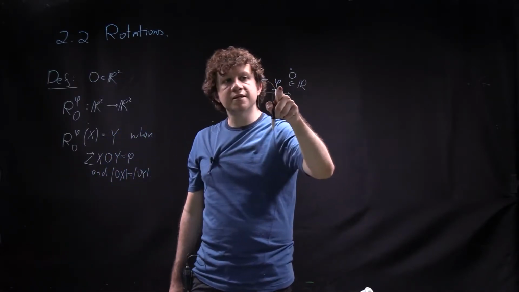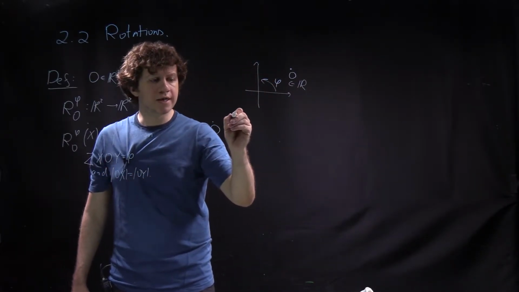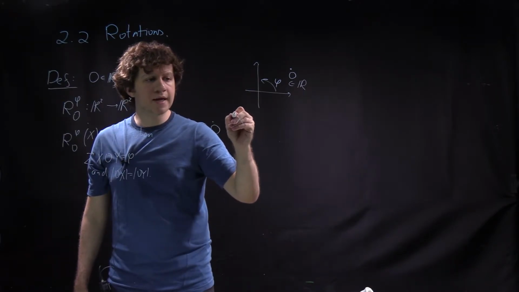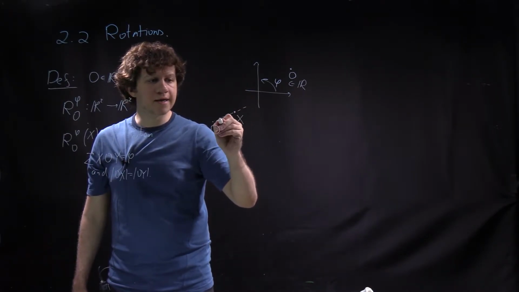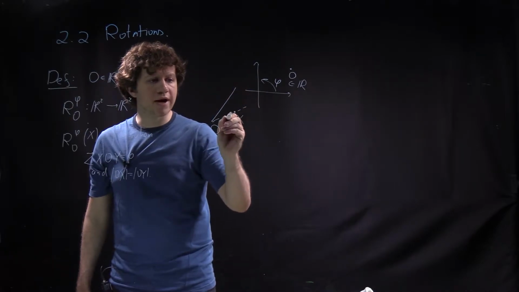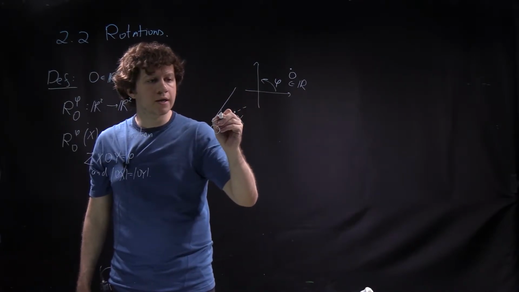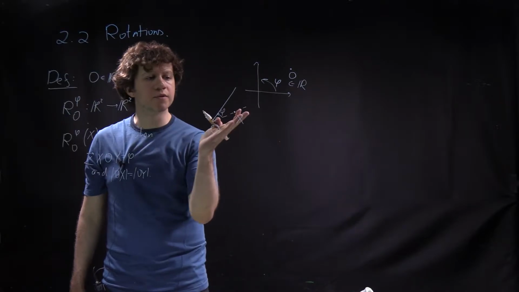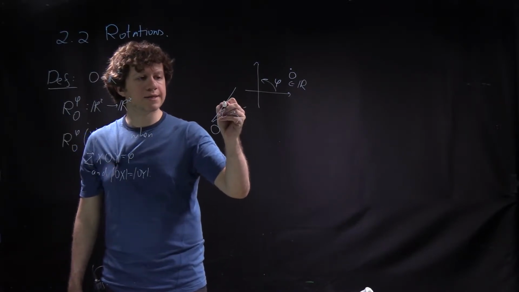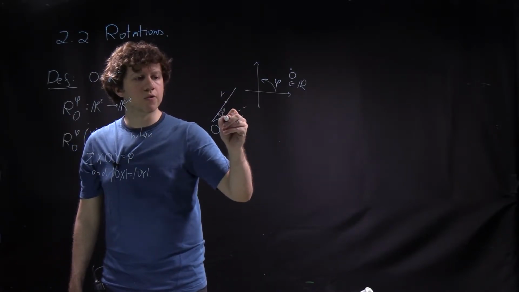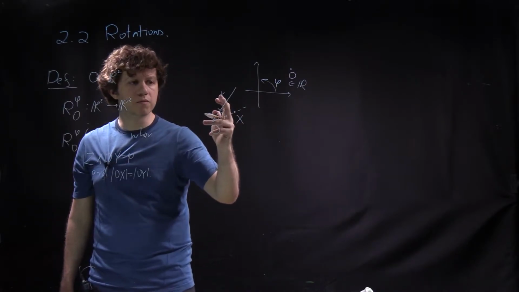So I fix this phi, and then I take my point x, and I take a ray starting with O and going in a certain direction where the angle between the rays is phi, and then I find a point y which is at the same distance from O.